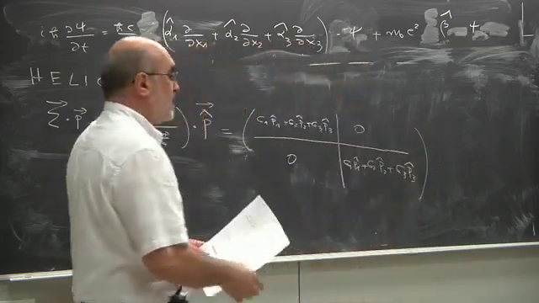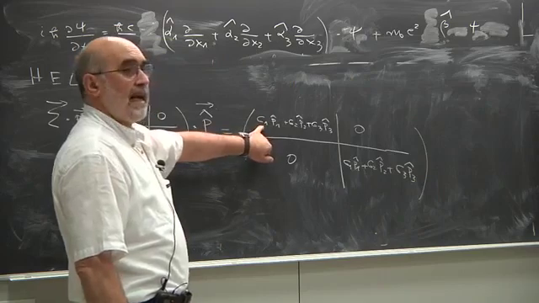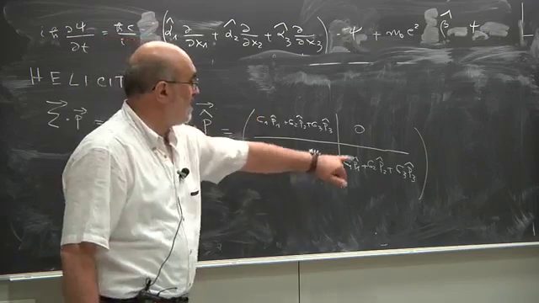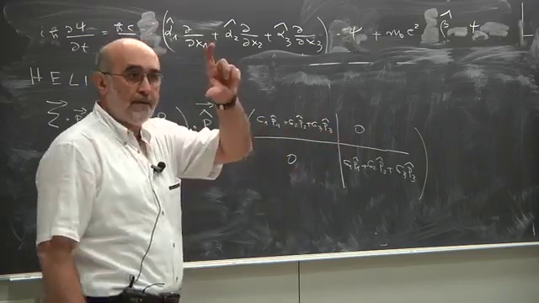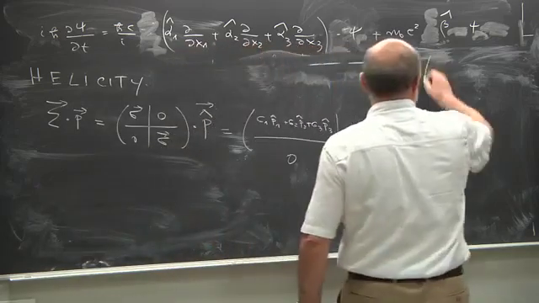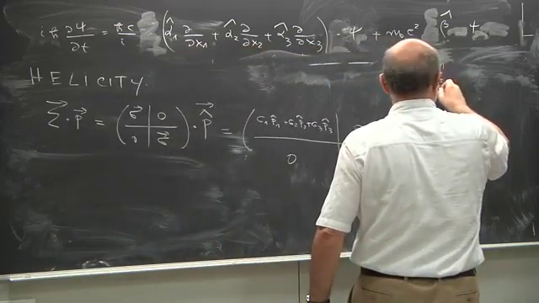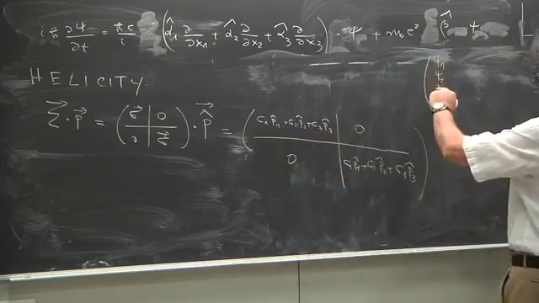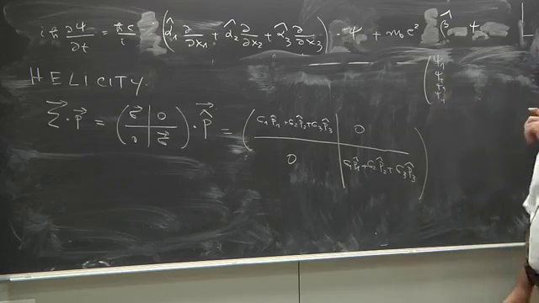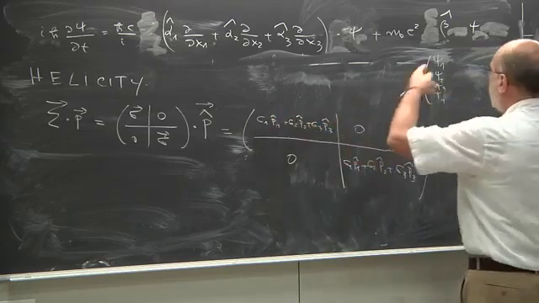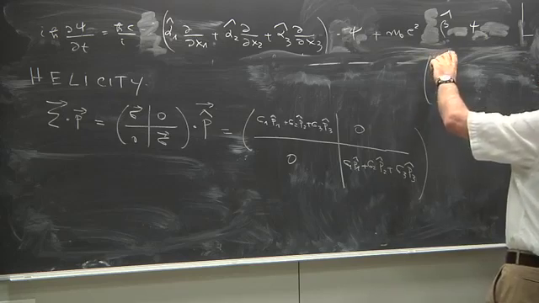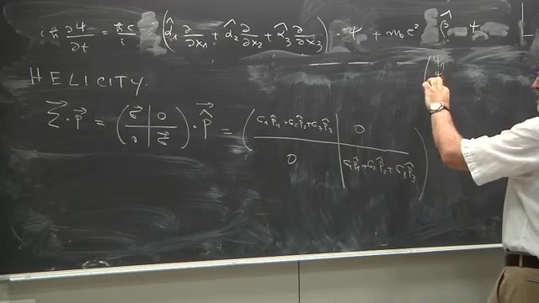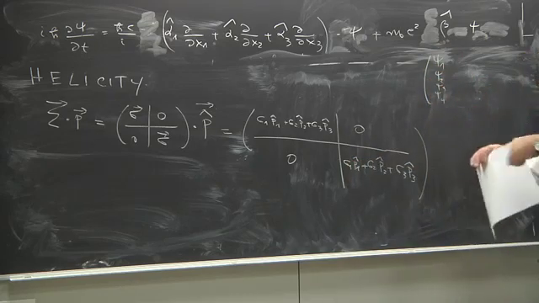In mathematical language, it means these act on every component of the vector. This is a 4 by 4, so it acts on the 4 components psi1, psi2, psi3, psi4. But while the P acts on each component in the same manner, because it's the derivative with respect to x, sigma acts on psi1 and psi2 and modifies them, and the same for this block on psi3 and psi4, rotating them one into the other, okay?